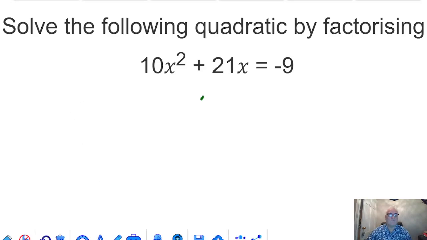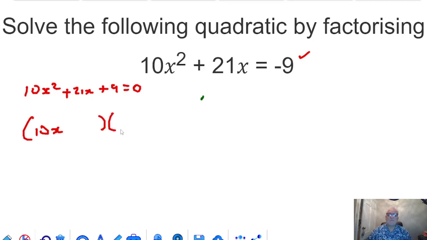So let's see how you got on. Okay, so we've got to move the 9 across for a start. So we've got 10x squared plus 21x plus 9 equals 0. Okay, I'm now going to work it on the 10x in each bracket.